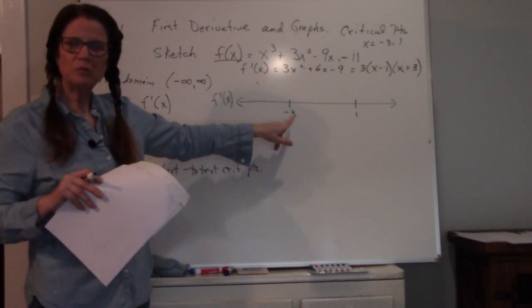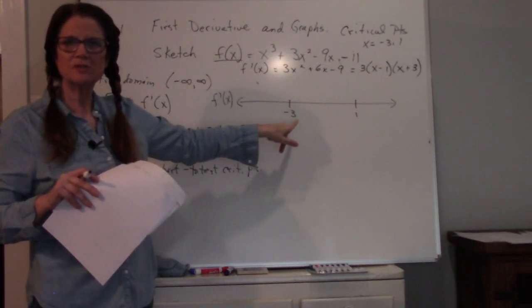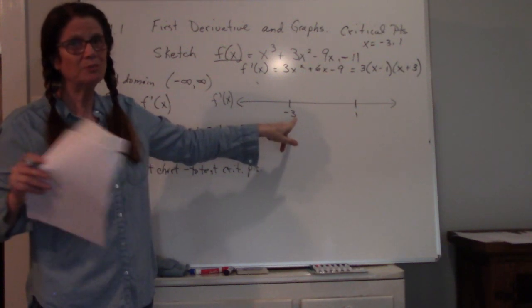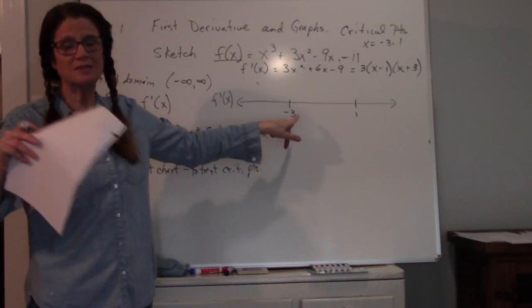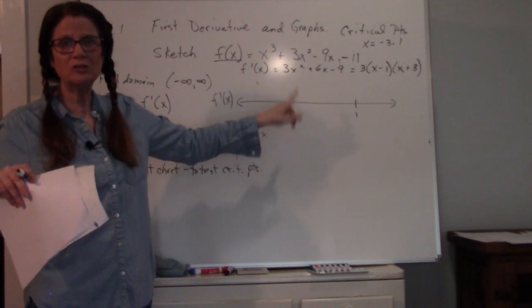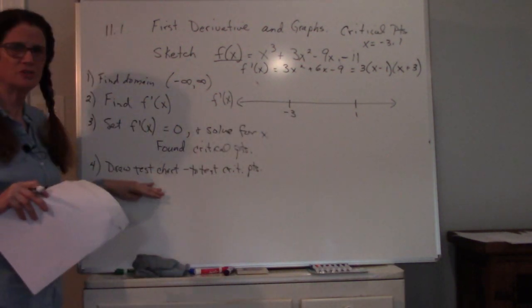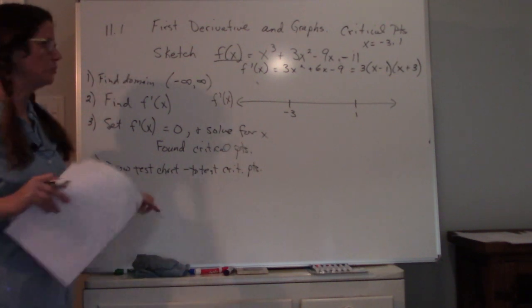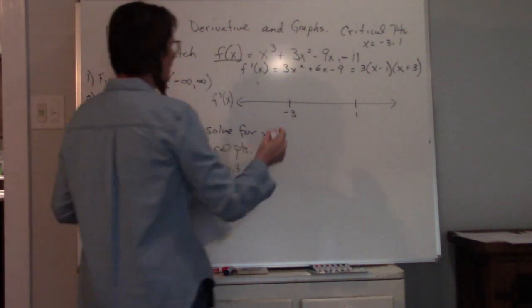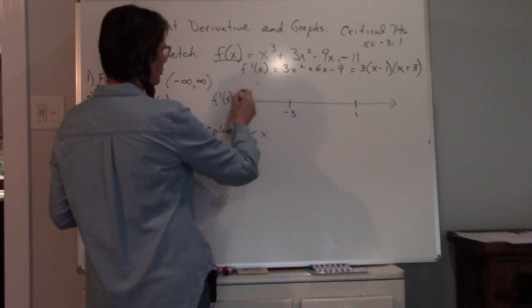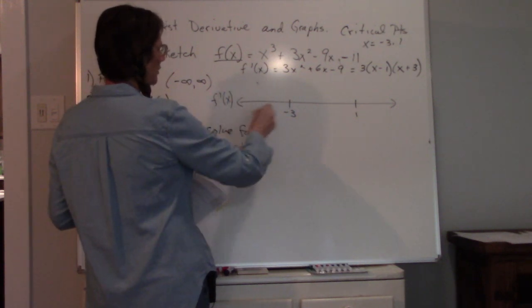At -3, we know, is when our slope goes to 0. So something changes. It may continue up, it may go to decreasing, whatever it is, we're going to find out. So we're going to draw a test chart, and we're going to test our critical points. The way that we do that is we look for values somewhere in each interval.